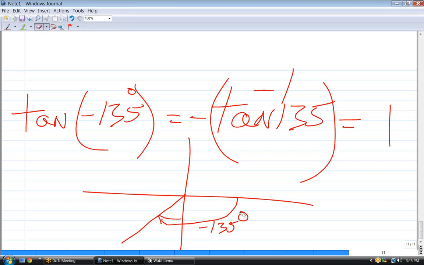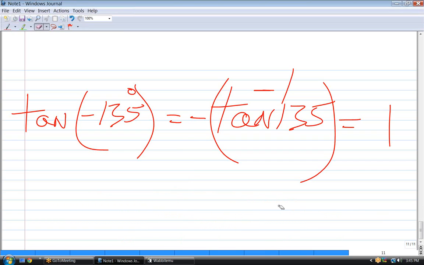But notice that if I were to do this the hard way, first I would turn that into a positive angle. So that's the same as the tangent of 225, right? And then I would have to figure out what's the equivalent first quadrant angle here, where it's 45. So that would be the tangent of 1.